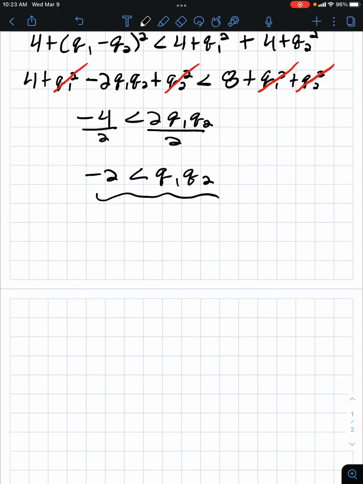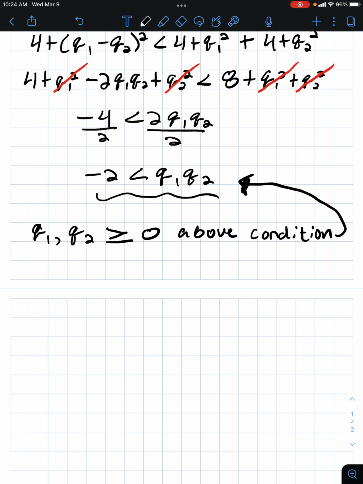Now, when does this happen? Well, since Q1 and Q2 are always greater than or equal to 0, the above condition, negative 2 less than Q1 Q2, will always hold.